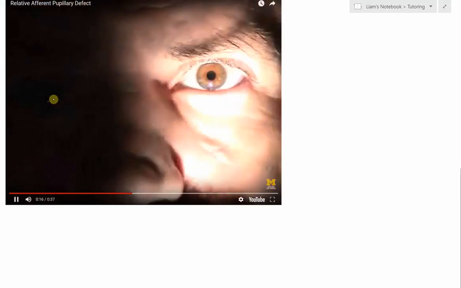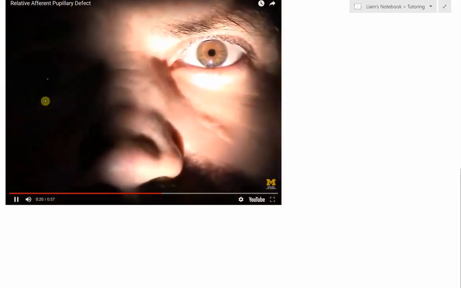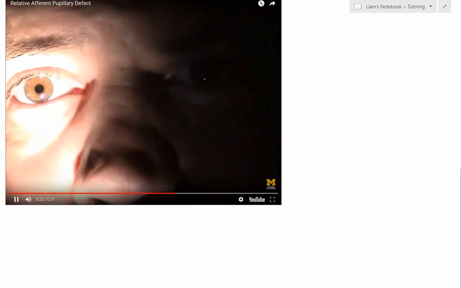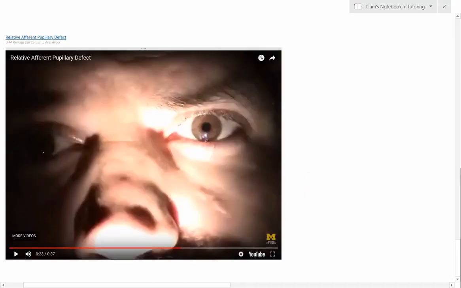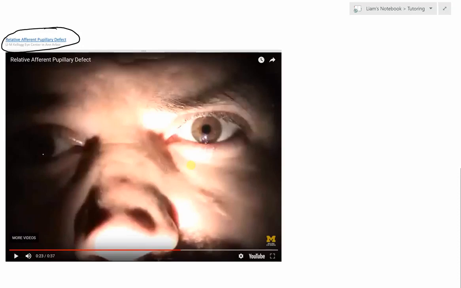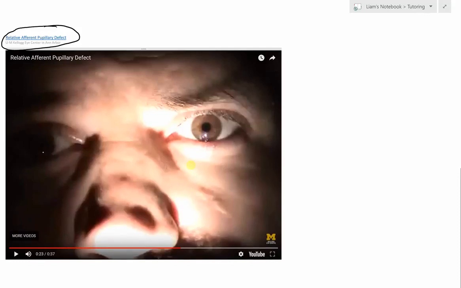When it moves across, this eye constricts fine, but this eye will dilate instead of constricting when the light hits it. Okay. So that's called a relative afferent pupillary defect. This test here is called the swinging light test, and that's what you use to pick up a RAPD, a relative afferent pupillary defect.